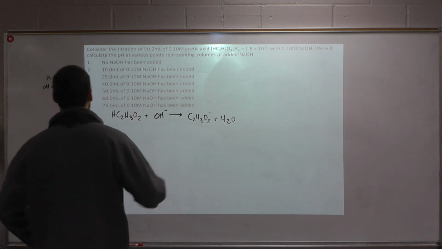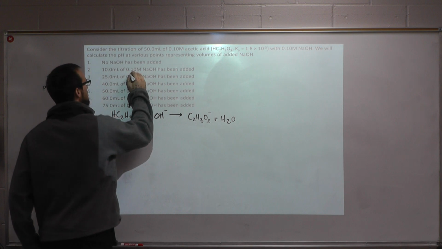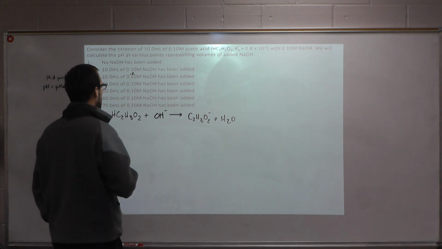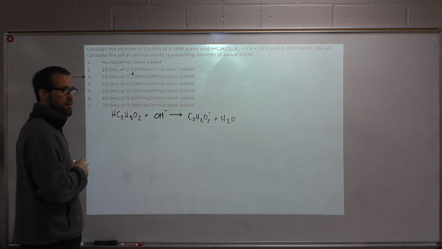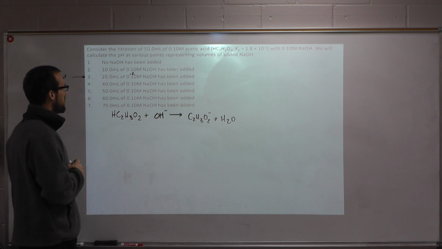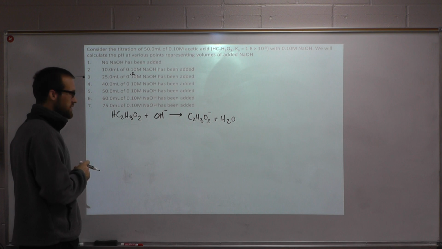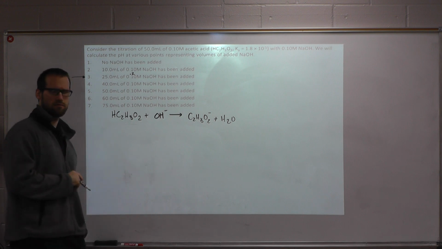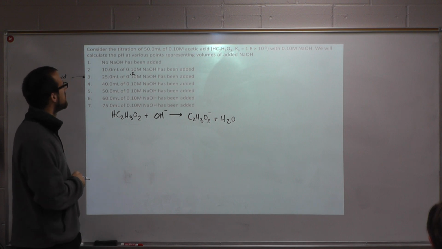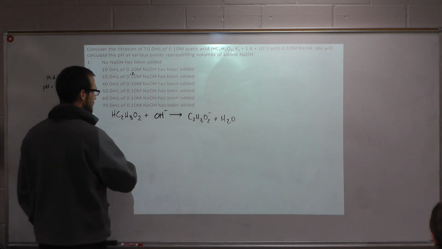For example, if this was 0.2 molar, that would be my equivalence point, because 25 times 0.2 is 5. Okay. Put that in your calculator. Yeah, that's 5. You don't have to do that.